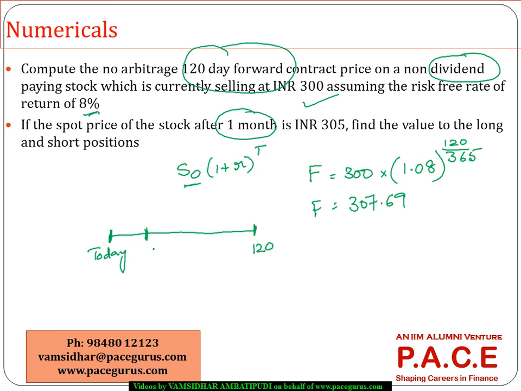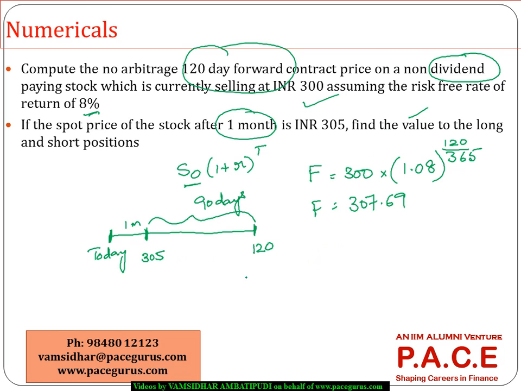So we have moved 1 month into the contract. On this day the spot price is 305, which means we still have 90 days for the maturity of this particular contract. Now this is where I want to find out the value to the long and short positions.